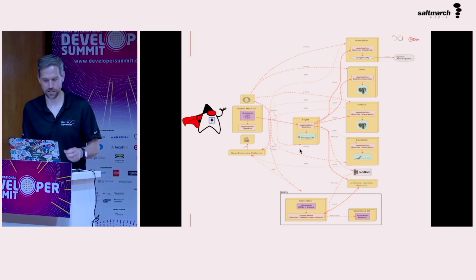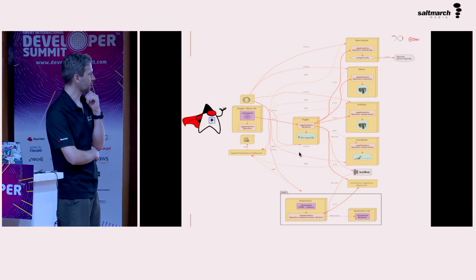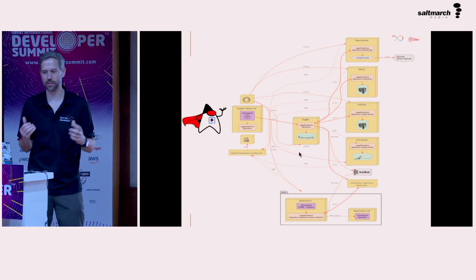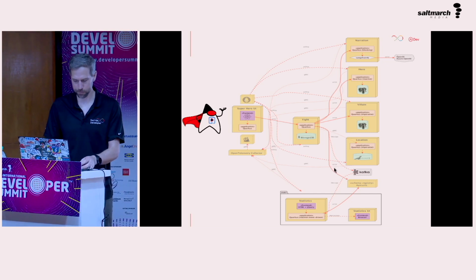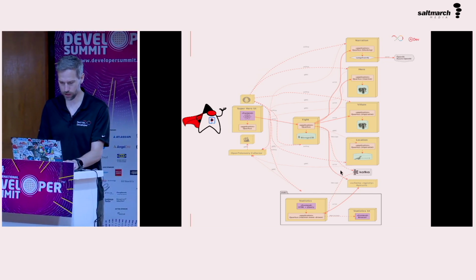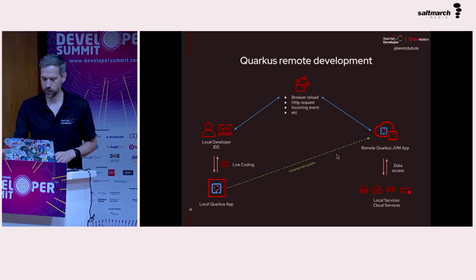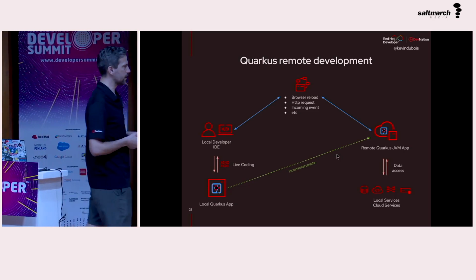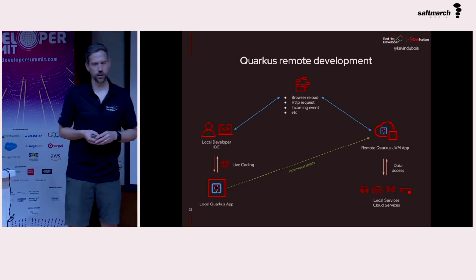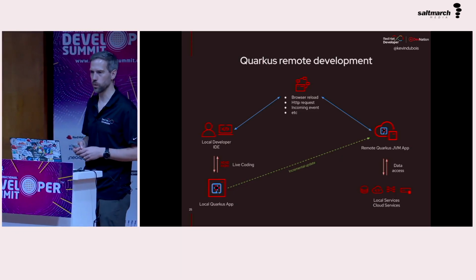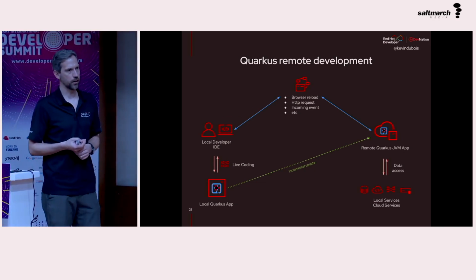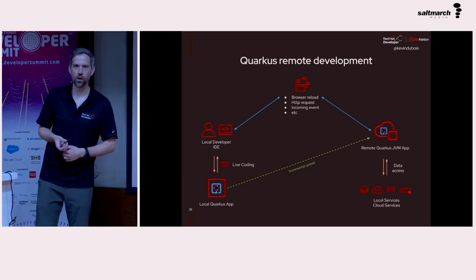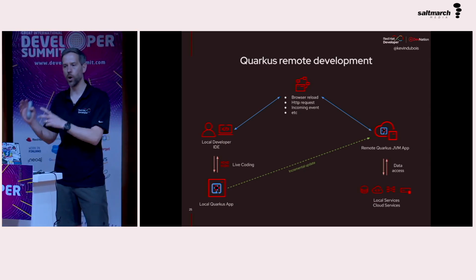The talk today is about how we can do our local development with such a complex system, right? Because at some point it becomes a little overwhelming. So let's look at some solutions for this. One is a Quarkus-specific solution, which is Quarkus Remote Development. That same dev mode that I was using on my local machine, I can also use with remote systems.